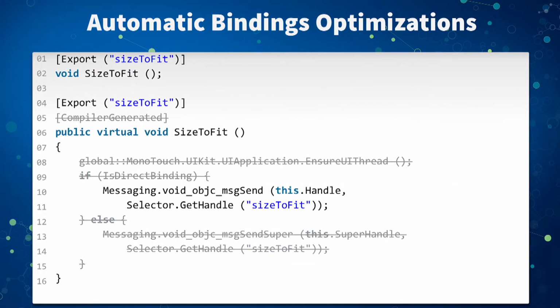So the optimizer can remove unused or unrequired attributes like compiler generated. It's not needed at runtime, so we can remove it. For a release build, by default, we will remove the UI thread check. So we remove a call. If that method is called inside a loop, that has a very high cost to do much more calls.